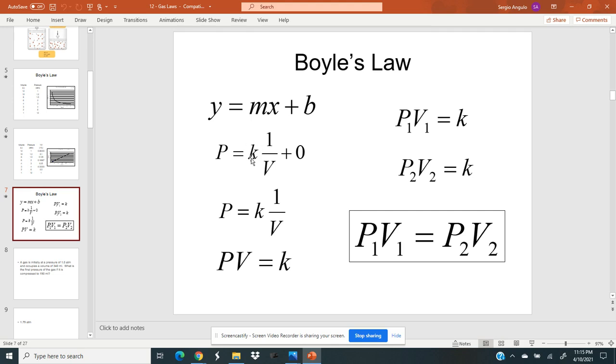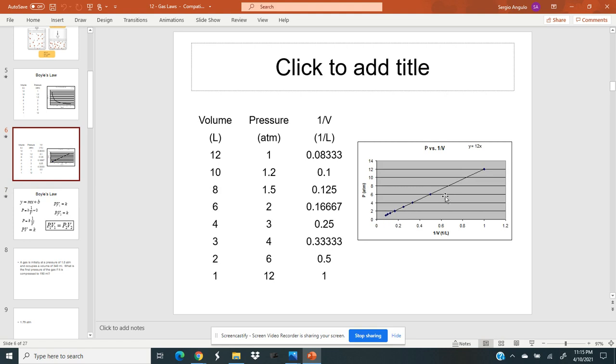So a lot of times we will use k as a constant. So P, which is your y-axis, equals k, which is your slope, times 1 over V plus the y-intercept. And in just about every case, the y-intercept here is 0. It turns out that all these lines go through the origin, 0, 0.